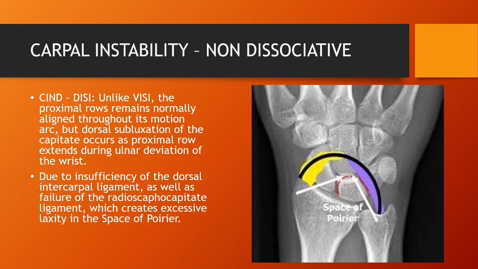Now with the DISI deformity, unlike the VISI deformity, the proximal row of carpal bones remains normally aligned throughout its motion arc, but as the wrist extends, as the wrist moves from radial to ulnar deviation, we see a dorsal subluxation of the capitate bone.